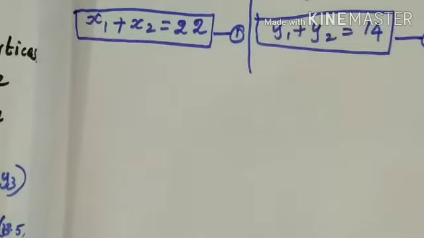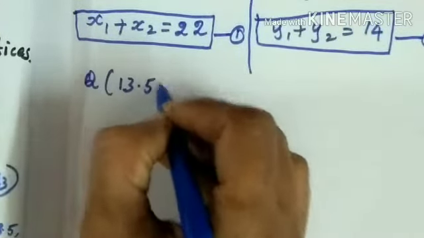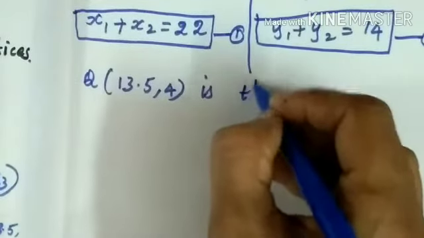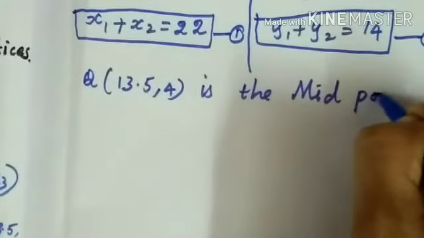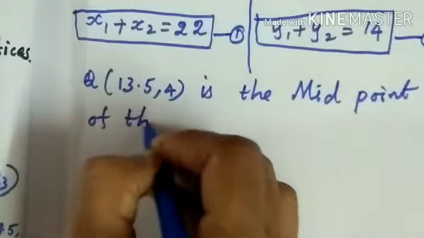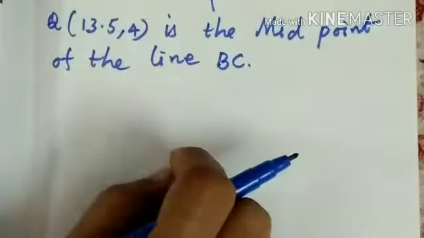The next step, Q (13.5, 4) is the midpoint of the line BC.